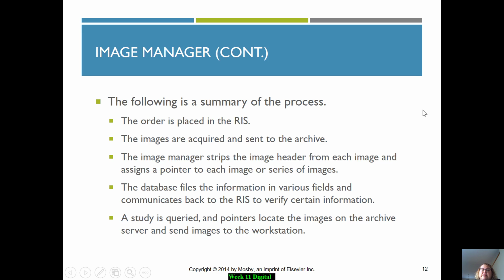So your order is going to be placed in RIS. There's going to be a front desk person that puts that information in for us, and then that order gets sent back into the department, and you're going to pull that order off of the computer to go do your images. Those images are going to be acquired, and then they're going to be sent into the archive, and that's where your radiologist can pull it up to take a look at it and do his dictation.